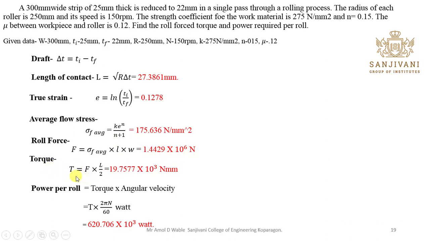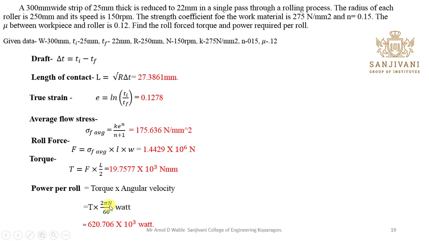So torque is equal to force into distance, where the distance is half of your length of contact. We have found the value of L. So torque will be 19.7577 into 10 raised to 3 Newton mm. Then the power of the roll is torque into angular velocity.